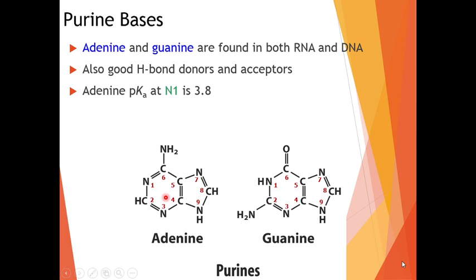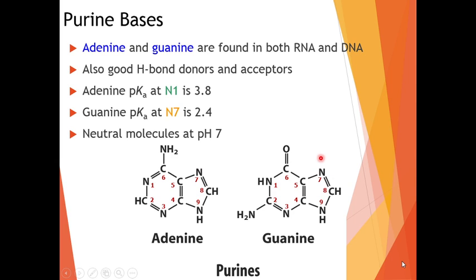Again, similar to pyrimidines, if the pH goes below 3.8, this nitrogen gets protonated. Guanine pKa at N7. N7 for guanine or adenine is about 2.4, which means if the pH is below 2.4, these nitrogens are protonated. They are neutral molecules at pH 7.